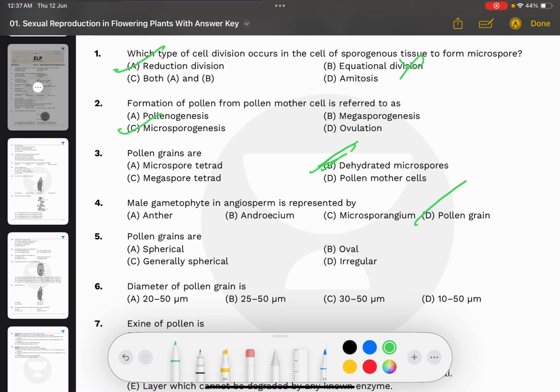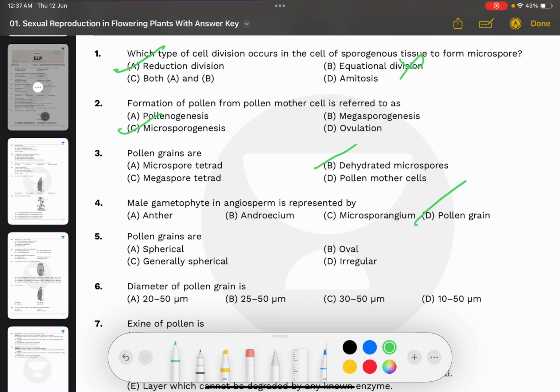Oh goodness, the first one was the right one. And this is also the right one. What a good question we have. Yes, so both of them are correct, but it is talking about the pollen grain, so we will consider it as singular, and in singular the microspore tetrad will be removed. So dehydrated one is correct.